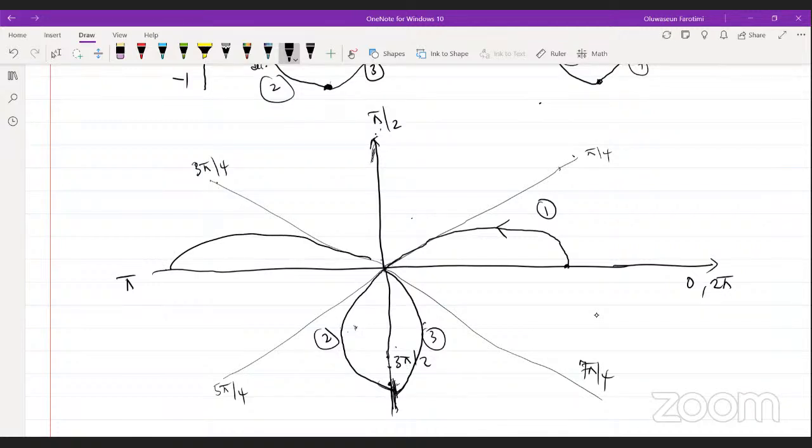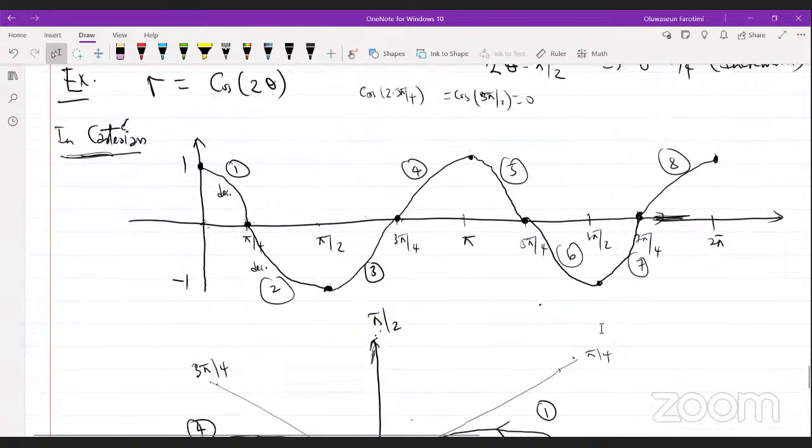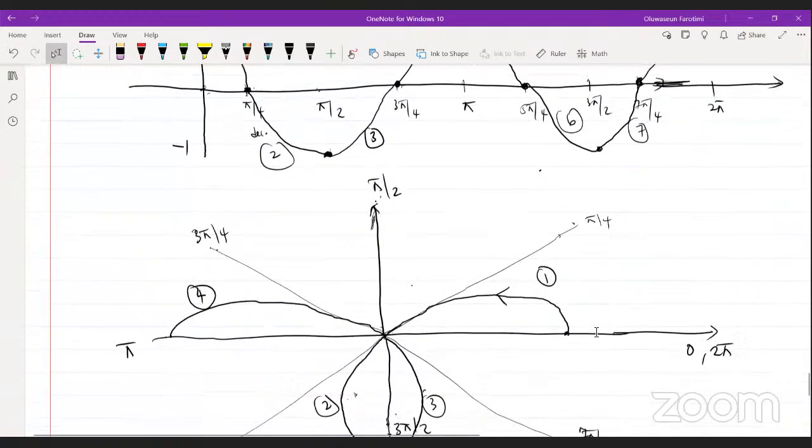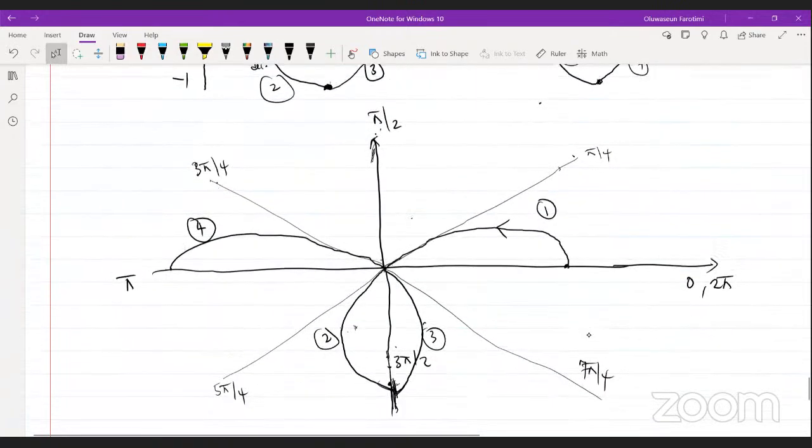This guy goes to the origin. I'm going to tell you the arrows later. Okay, so what is number 5? Number 5, we're going from 5 pi over 4 to 3 pi over 2. 5 pi over 4, but R is negative, right? Where's my 5 pi over 4? Over here, to 3 pi over 2, between these guys. That means this is the side.